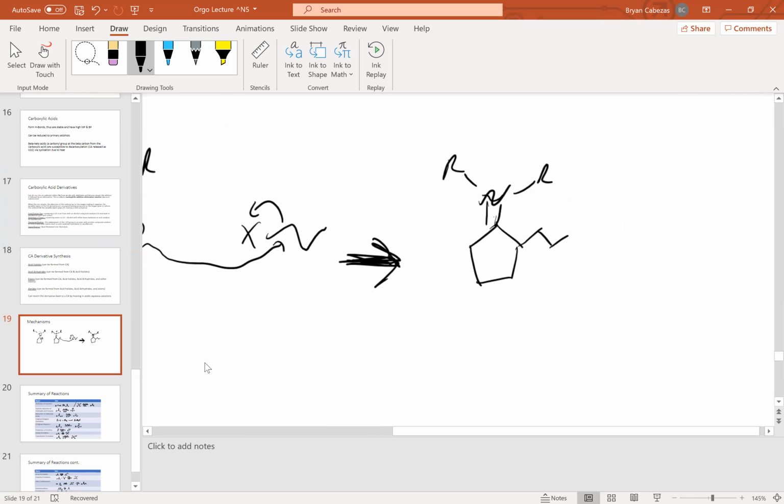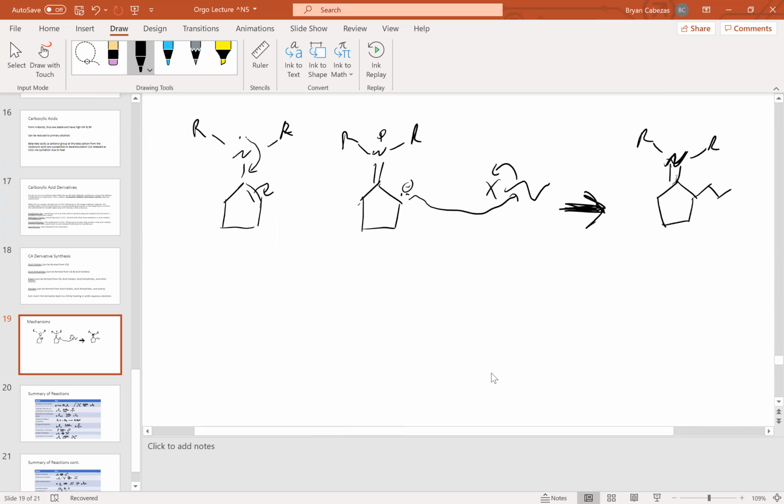So if we say that we have this product, and really what our intentions were, so like let's say we had this initially, and our objective was to make this group, then what we're going to do is take this ketone and put it through an enamine reaction.